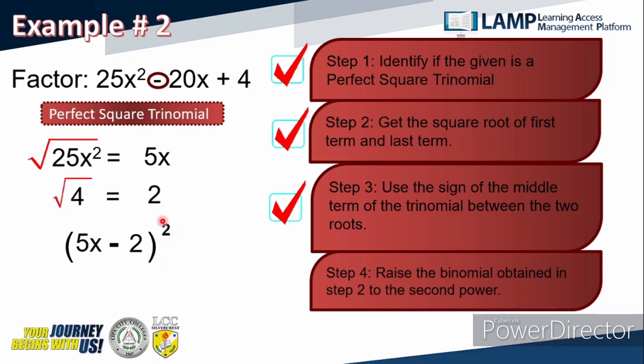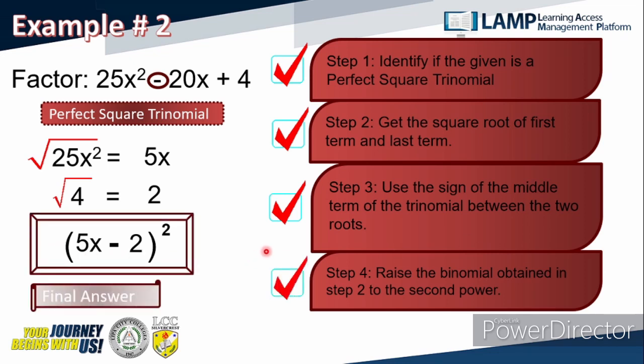Again, we write squared or 2 as the exponent of our binomial. In other words, we have here the quantity 5x minus 2 squared as our final answer for our example number 2. So I think we're done with that.